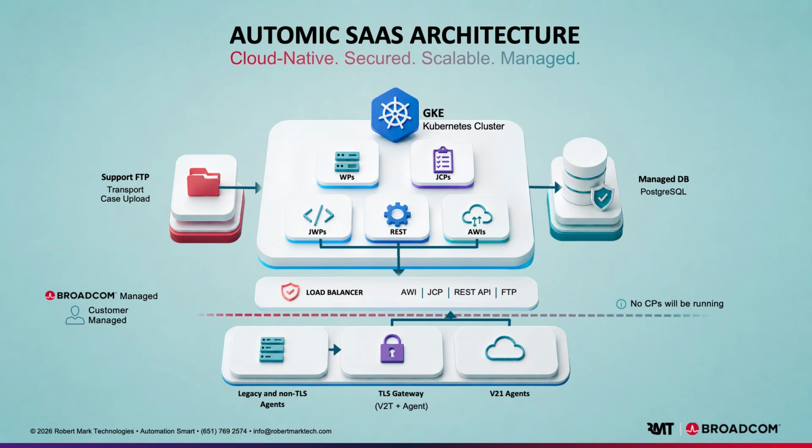So you no longer are having to deal with WPs going down, JCPs not working, something wrong with a certificate, JWPs, nothing going wrong where it's not connecting to your AWI. The rest is up and available. The AWIs are up and available. Everything is working correctly for you to interact with, not needing to worry about any of those potential issues where you are having to manage it yourself in an on-prem environment.